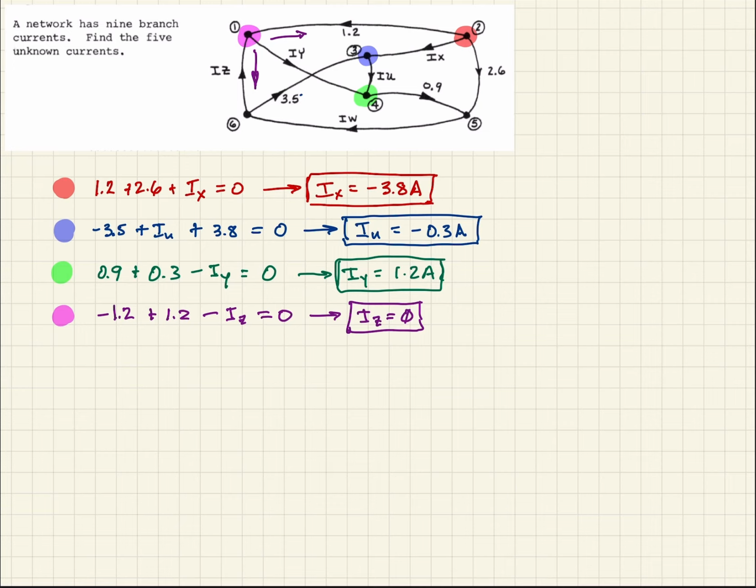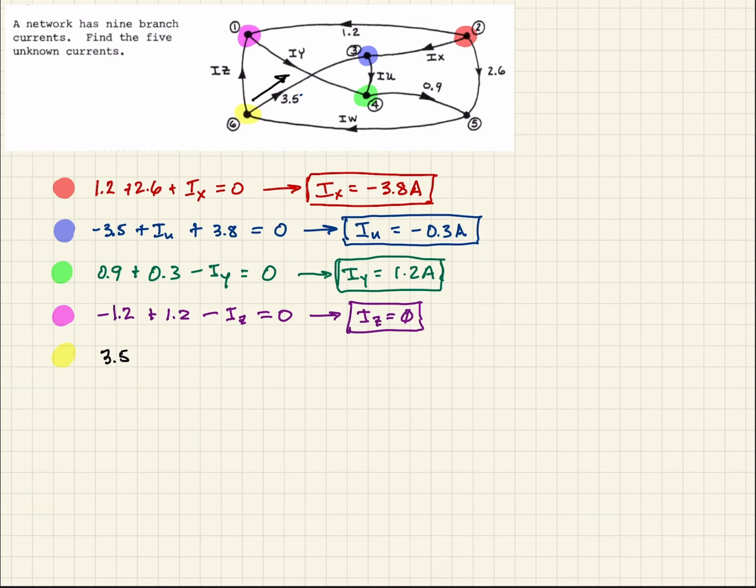And so that leaves us with one last unknown to solve for. For that one, we're going to look at node 6, which will be right here. Again, leaving is positive. So here's the first leg coming out of this node, and that'll be 3.5.